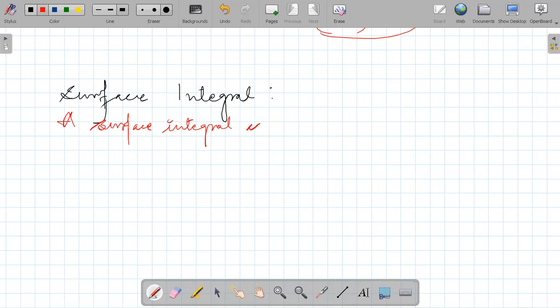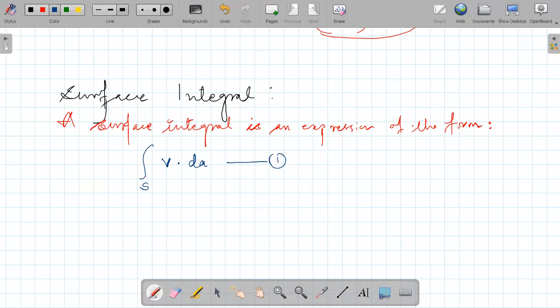Surface integral is an expression of the form integration of v dot dA, for surface S, equation number 1. Here v is again some vector function and the integral is over a specified surface S. And what is dA? dA is an infinitesimal patch of area with direction perpendicular to the surface.